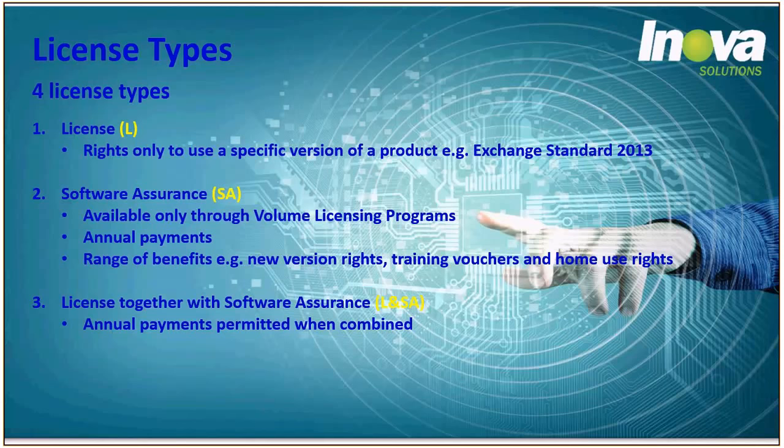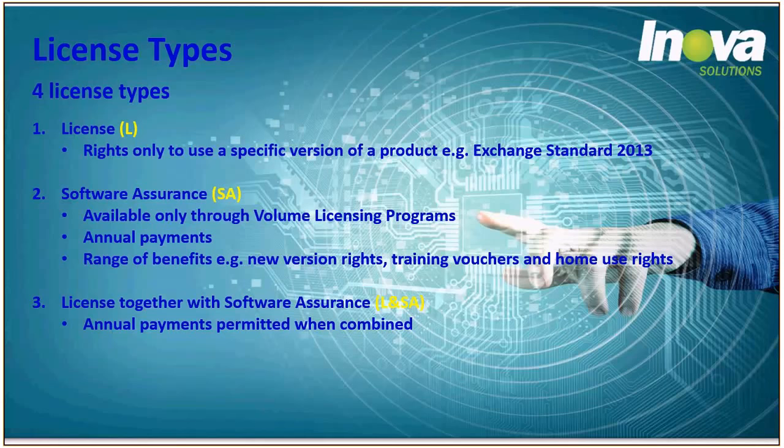For example, you have Exchange Standard 2013 and you have software assurance. Microsoft now releases Exchange Standard 2018, for example. Because you have software assurance, you now have new version rights. That means that you can now upgrade your Exchange to the new version of 2018. So that is just one of the benefits of software assurance.